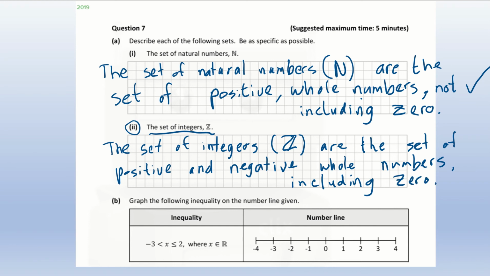And again, that's going to get us our full marks when we have a look at the marking scheme.